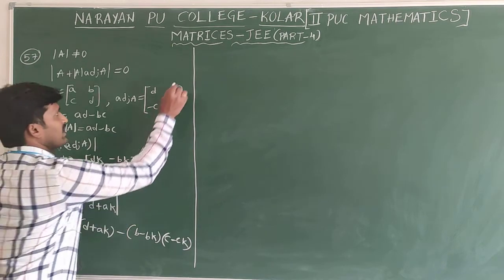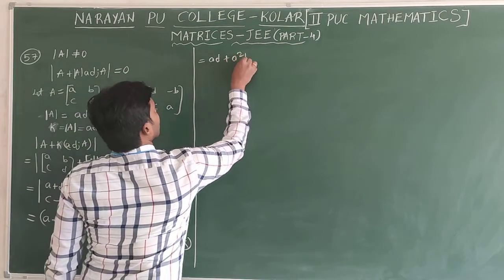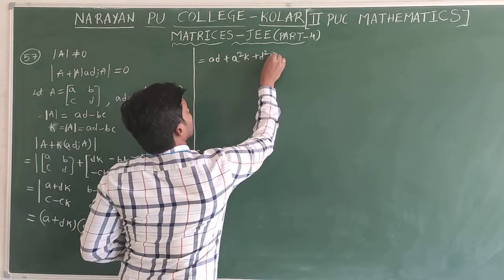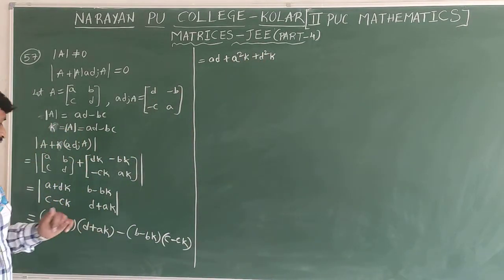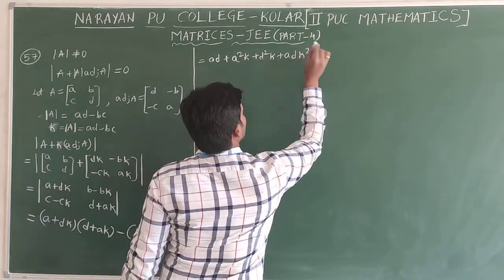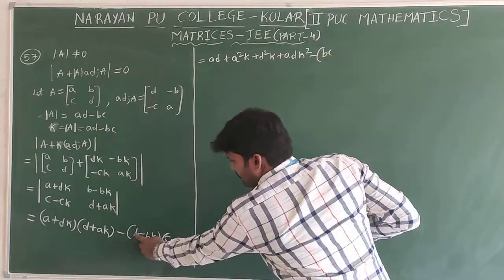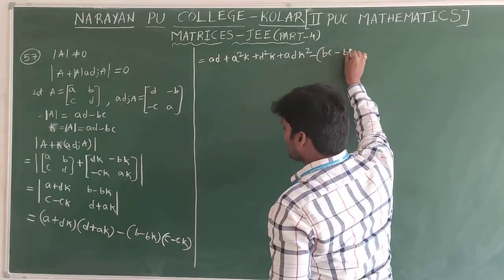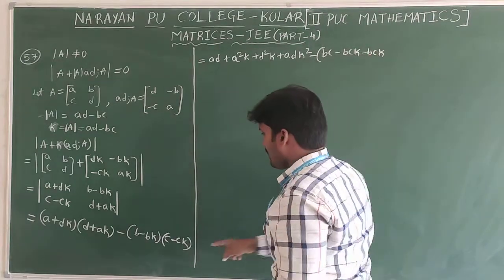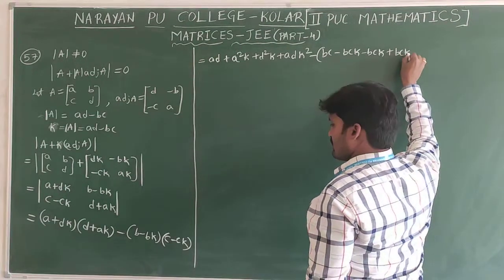Now multiply this: ad, then a into ak, a square k. Next dk into d, d square k. Next dk into ak, that is ad k square. Minus of, multiplying these two, b into c, bc, b into minus ck, minus bck, minus bk into c, minus bck, minus into minus plus bc k square.